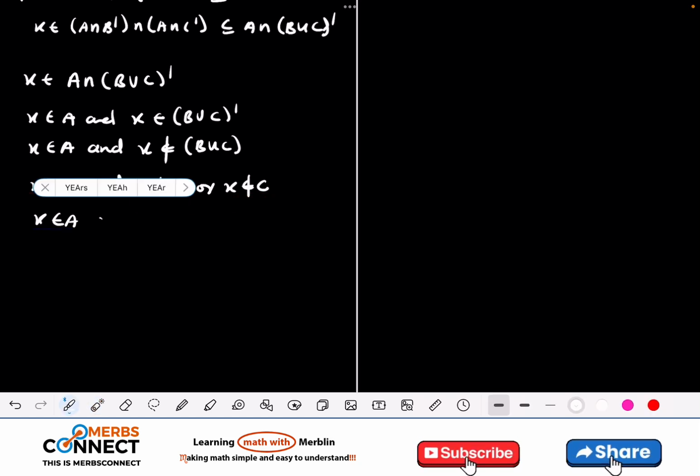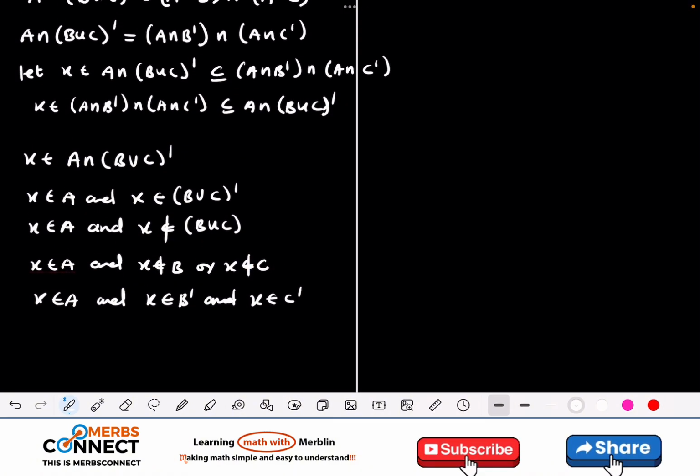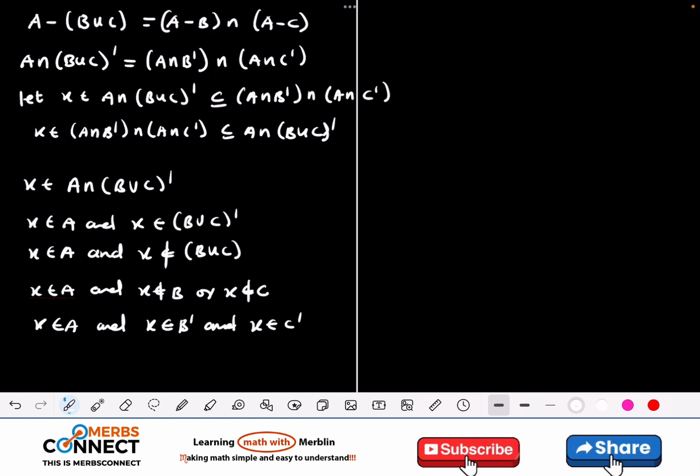So X belongs to A. And for us to get the B prime, X should be a member of B prime. Then this one here should change to and. So and X belongs to C prime. Good. So now we've gotten all the primes.